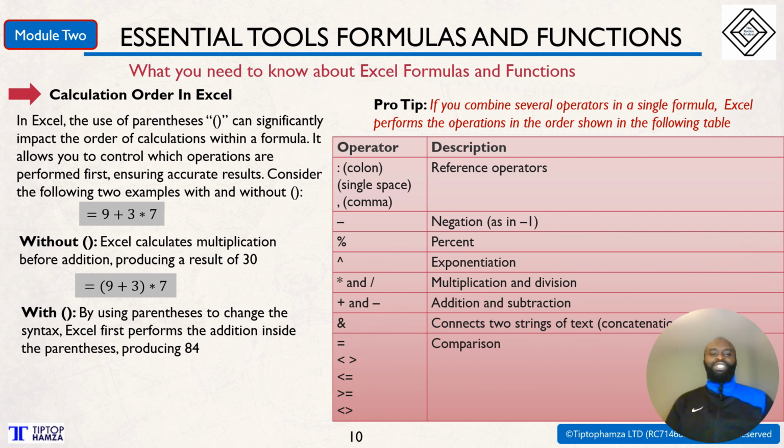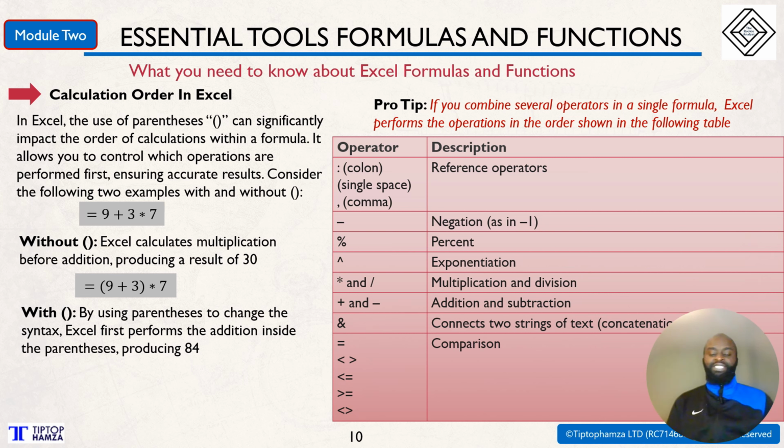And for calculation order in Excel, just think of BODMAS, which is the basic arithmetic order we follow in elementary school: brackets, order, division, multiplication, addition, subtraction. So similarly, Excel has those kinds of orders here.